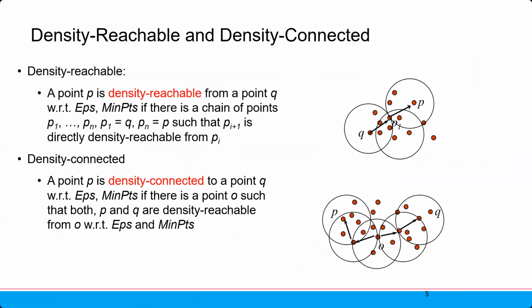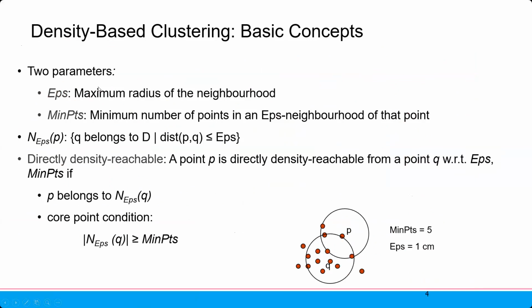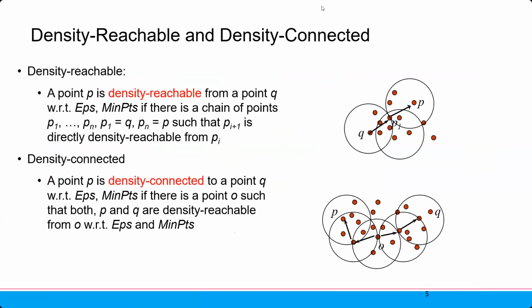After we have directly density reachable, okay, so in the previous one we had the concept of directly density reachable. Now we will learn about density reachable. A point P is density reachable from a point Q with regard to EPS (WRT means with regard to).